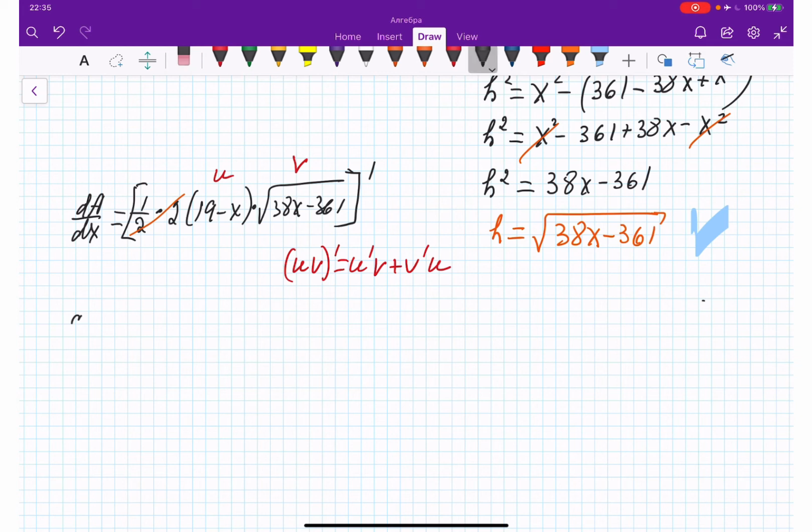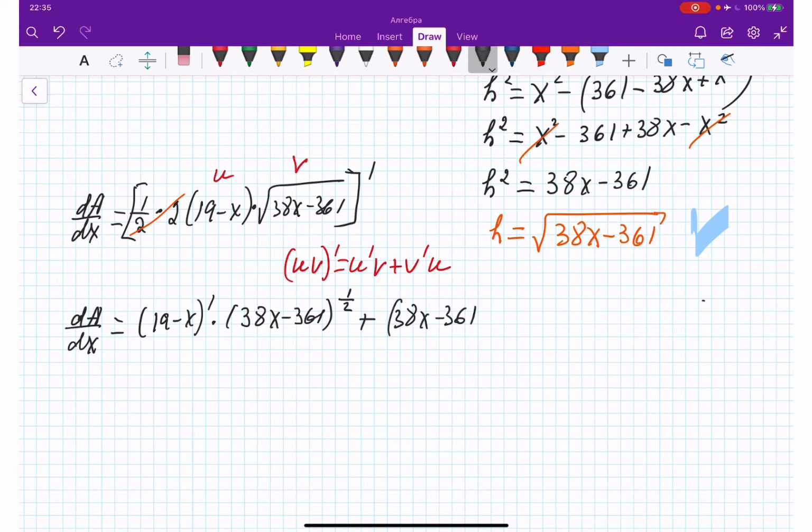So what we are doing? dA by dx is equal to the derivative of 19 minus x times (38x minus 361) to power 1/2, and then plus the derivative of v, which is going to be the derivative of (38x minus 361) to power 1/2, and times u, 19 minus x.